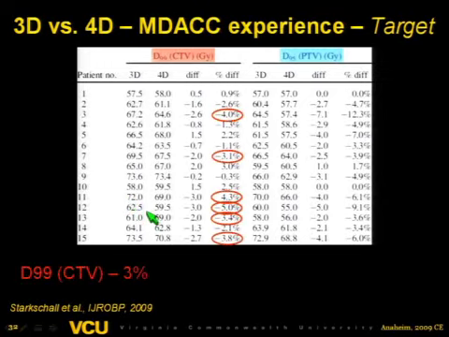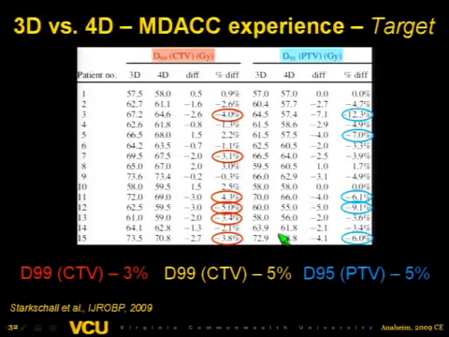So if the criteria was set arbitrarily at a 3% difference in the D99 value for CTV, their study indicated that replanning would be required in 6 cases out of 15. Now, if the criteria was relaxed to 5%, then there will be no replanning required.